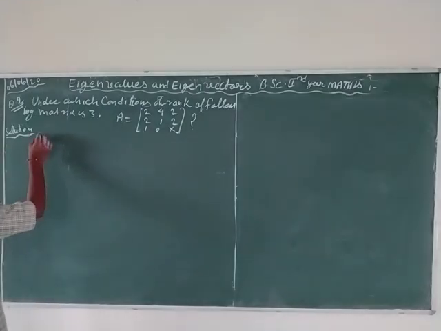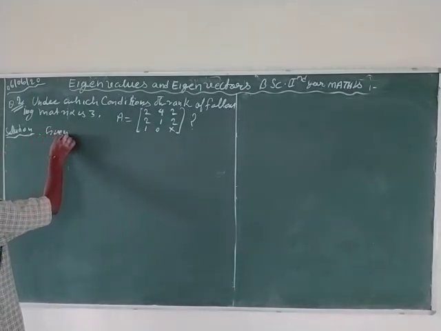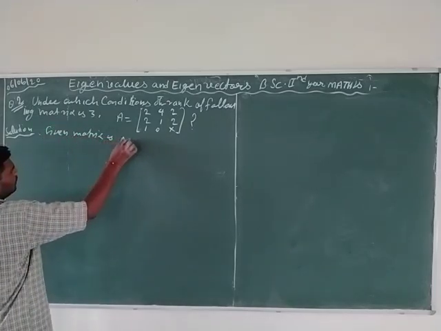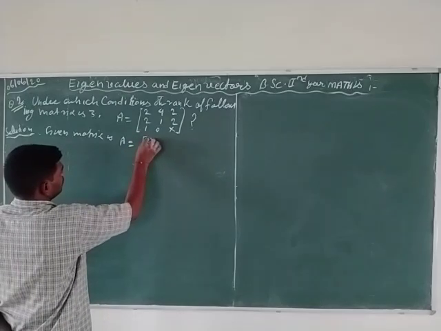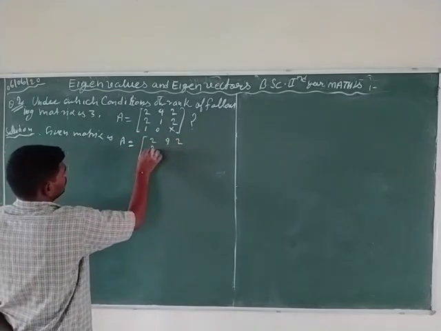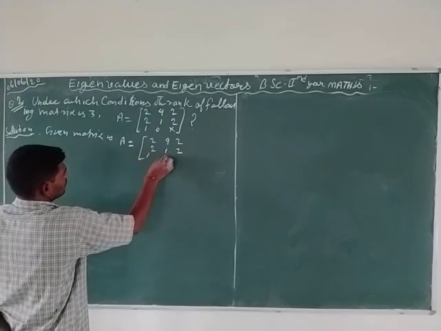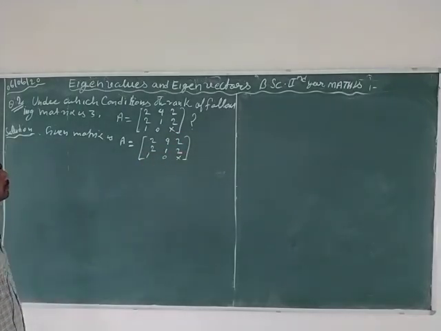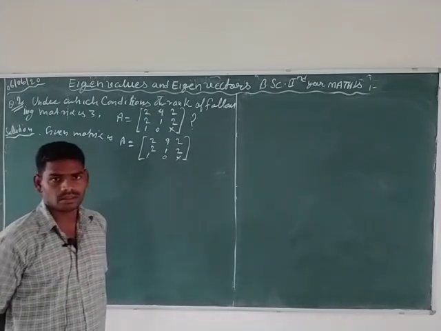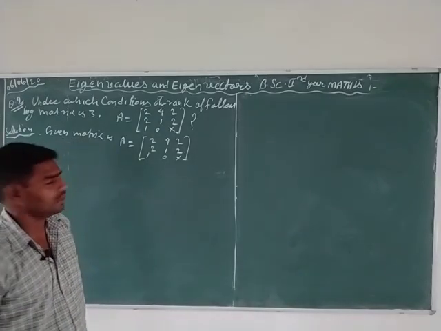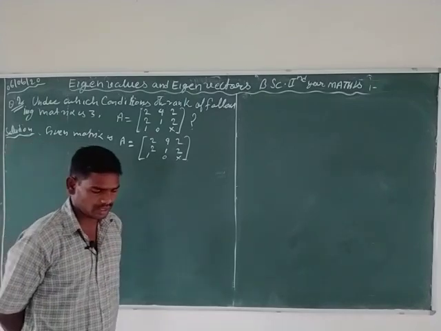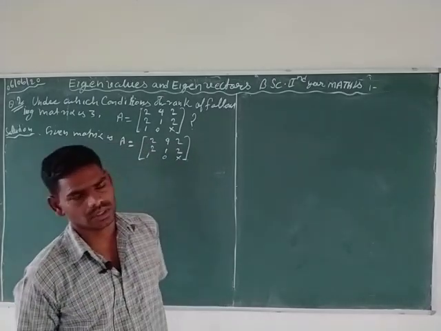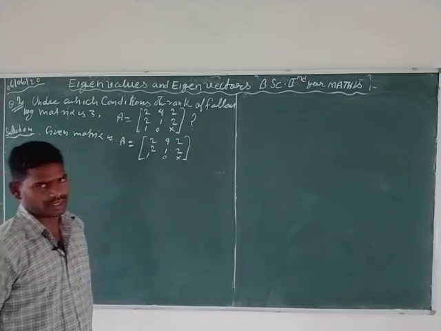So write here the given matrix A: 2 4 2, 2 1 2, 1 0 x. According to the question, the rank of this matrix is equal to 3. Therefore, the determinant of matrix A is not equal to 0, according to the rule of the rank of matrices.